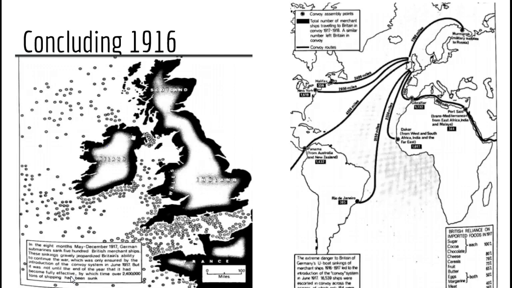So they do put a halt on unrestricted submarine warfare, but you see that it is an integral part of their war efforts to stop the British from attaining the necessary goods. So this will be a temporary pause until 1917.